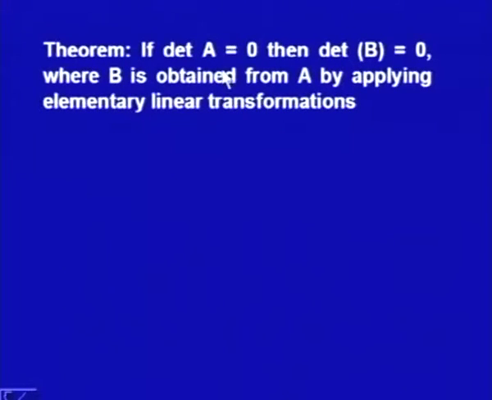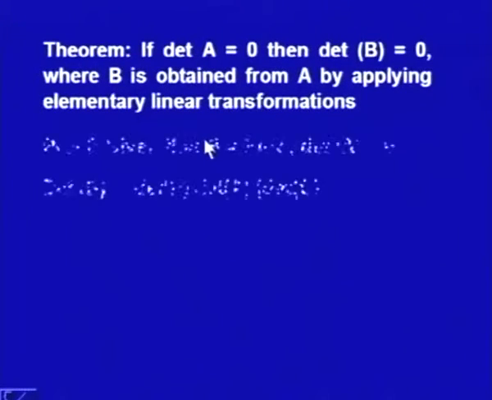Now, we have a result which says that if determinant A is equal to 0, then determinant B is 0, when B is obtained from A by elementary linear transformations. This result we have established in my earlier lectures.